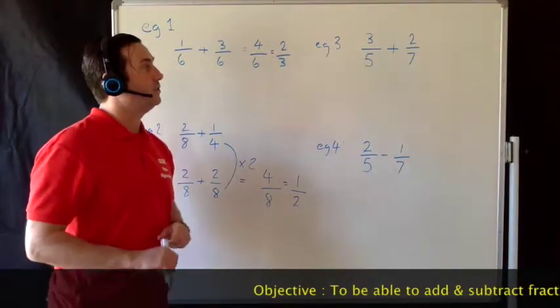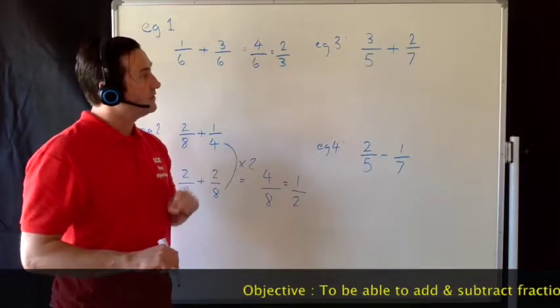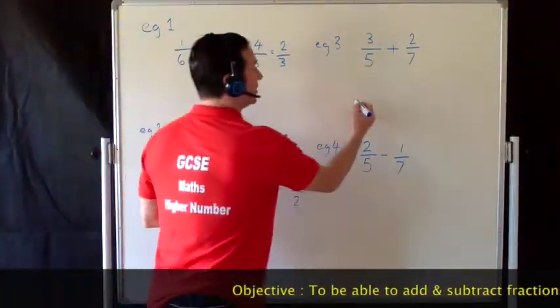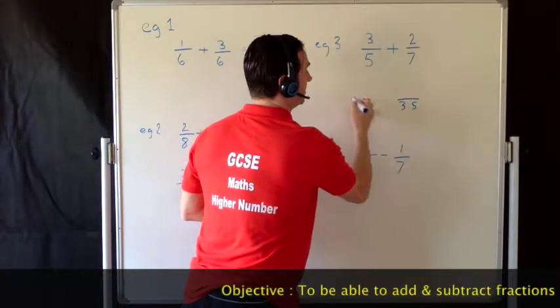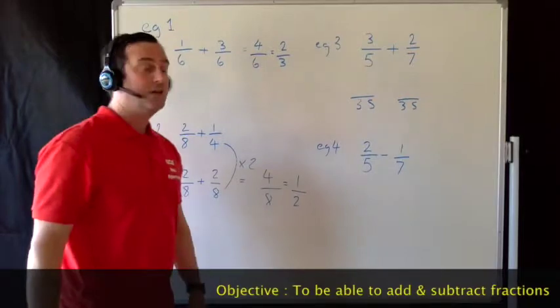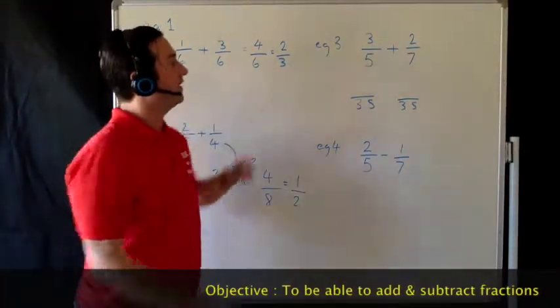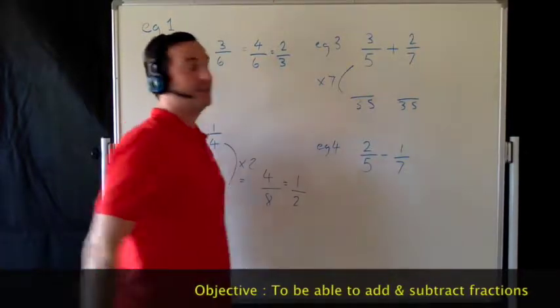For the third example, we've got to change both of the denominators. 5 and 7 are both factors of 35, so we can change both of these so that there's a denominator of 35. But the procedure is the same as example 2. All I've done to get the 5 to 35 is multiply it by 7.